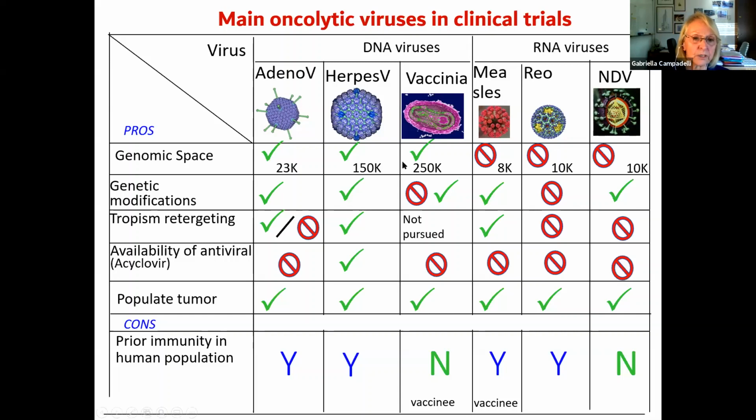I will come to this. So the genetic engineering is feasible. You just have to learn how to do it. And tropism retargeting, which is what I personally do, is actually feasible.